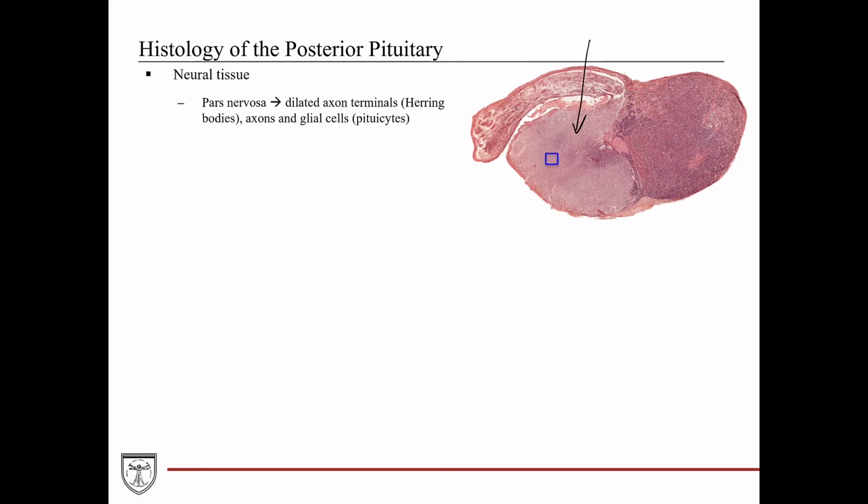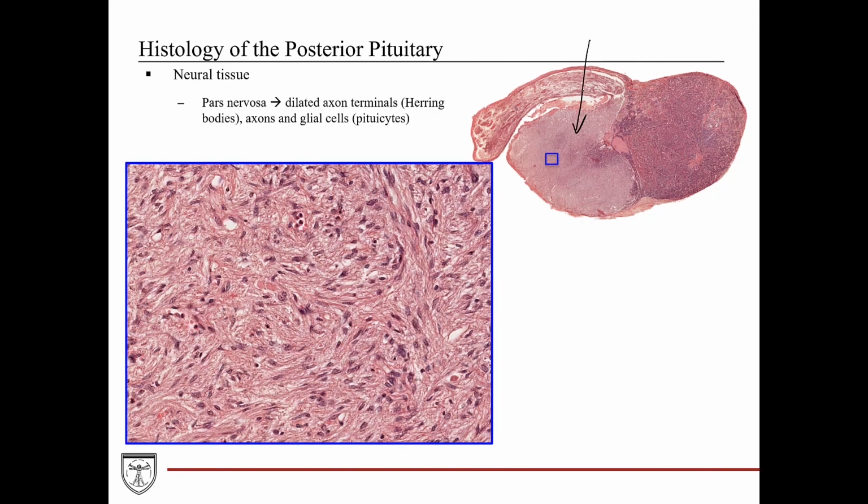At a higher magnification of the boxed area, we can appreciate some of these herring bodies by these amorphous, somewhat eosinophilic, staining, dilated structures that are occasionally observed. Also found within the pars nervosa histologically are the astrocyte-like glial cells called the pituicytes.